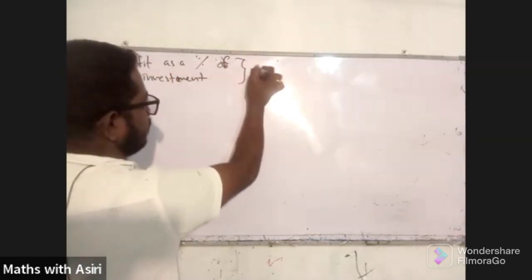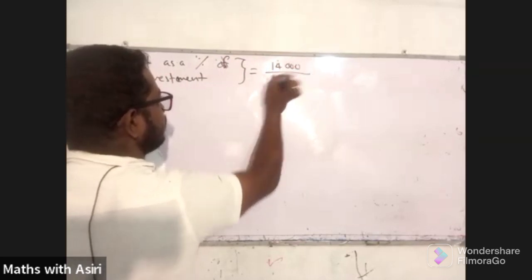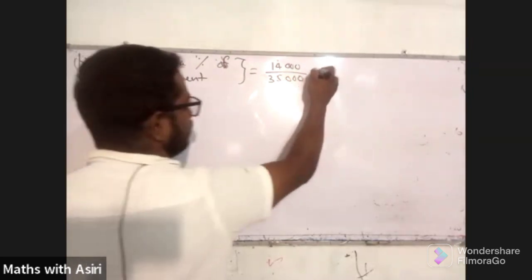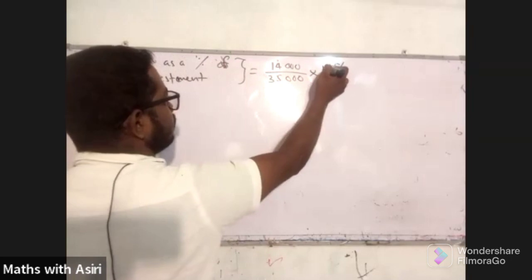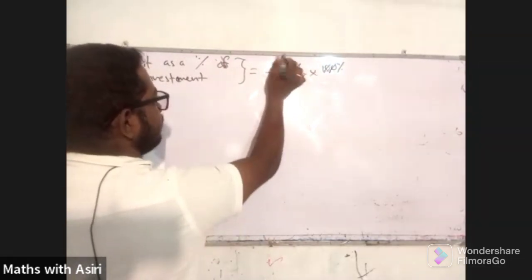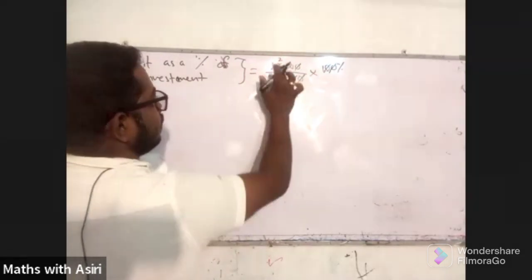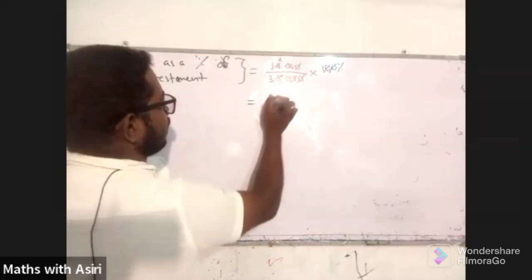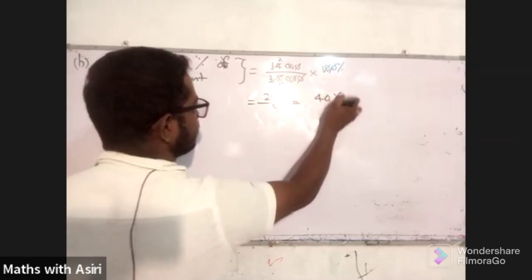Profit is 14,000, invested amount 35,000. As a percentage, this can be divided by 7, 2 over 5. Here 200 divided by 5 is 40%.